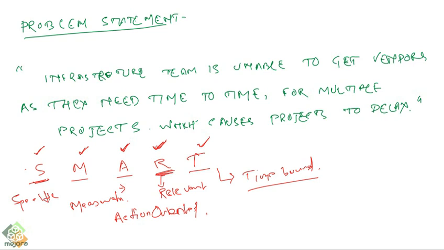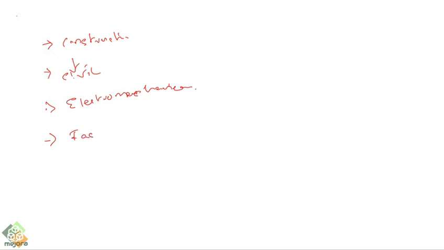Just to give you some context, this is for an organization that provides infrastructure services. Their services can be in multiple areas, say construction, and within construction you can have civil, then electromechanical, and after all these things, facilities.